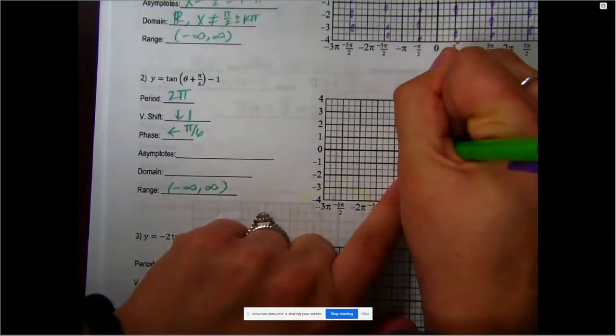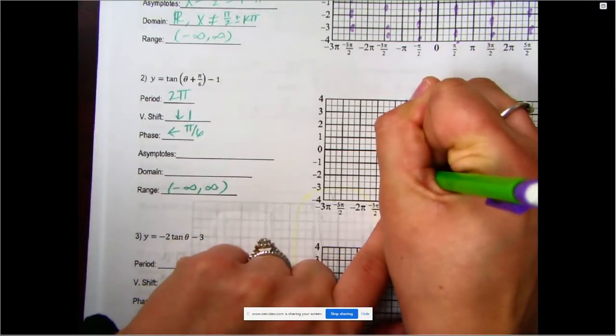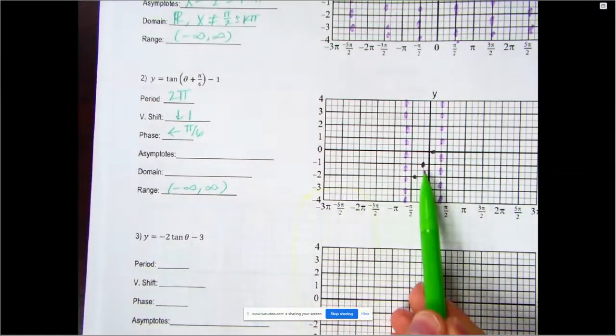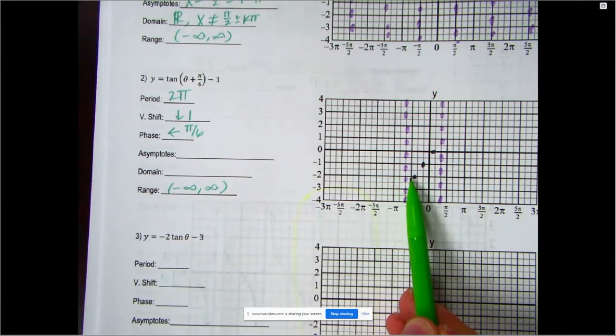So for example, number 3, the amplitude is going to be 2. But for this one, I'm just going to go up 1 and down 1 in between the 0 and the asymptote. So here's what this graph will look like that I'm now going to repeat across the whole thing. So be careful, make sure you're going that one little line to the left of where you would normally plot tangent.